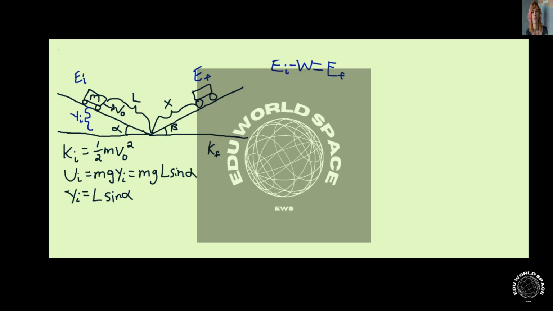All right, so we have the potential energy term. So UF is equal to m times g times YF, and it's going to be the exact same thing that we just did for the initial potential energy term, where YF is the height the truck has gone up the incline.